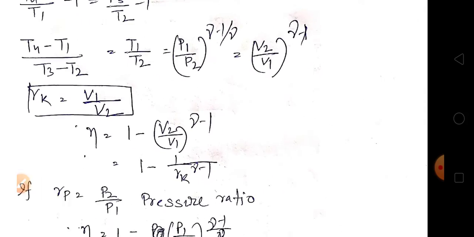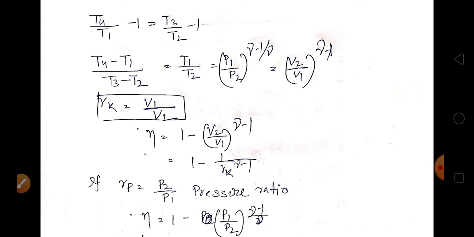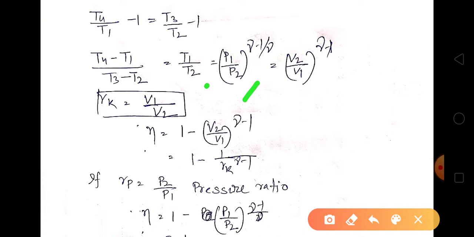Now you can write T4 minus T1 by T3 minus T2 is equal to T1 by T2, which is equal to (P1 by P2) whole to the power (gamma minus 1) by gamma, which is equal to (V2 by V1) whole to the power gamma minus 1.